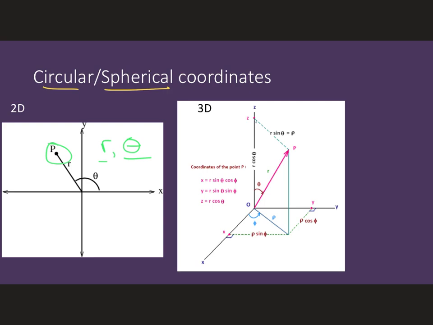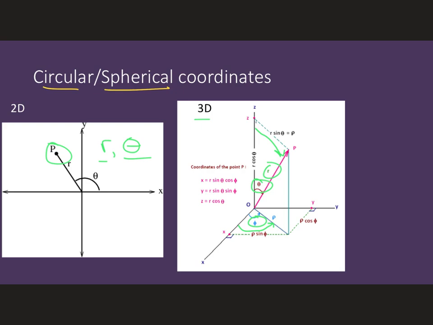We can do the same thing with 3-dimensional coordinates. We still have an r and we have a theta term, but they're a little bit different. Now theta is how far down from the z-axis we are. And we could think about our third coordinate for 3 dimensions as phi.